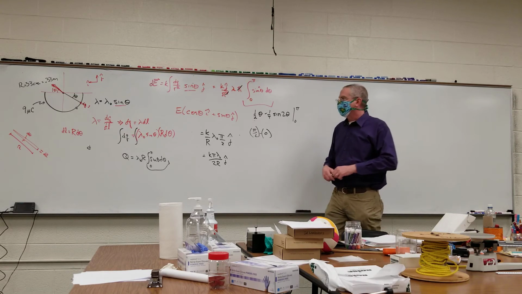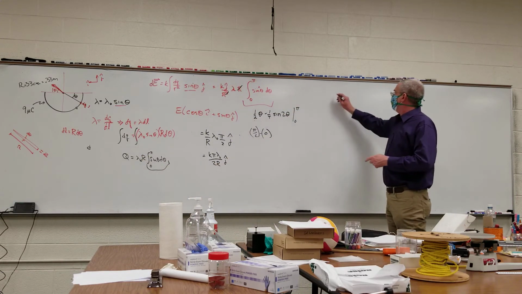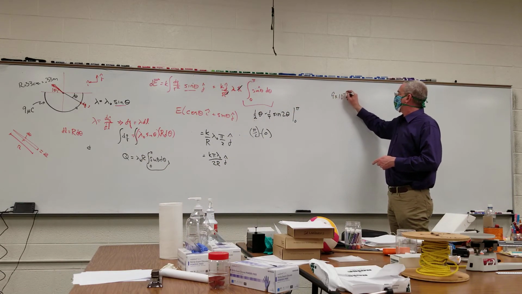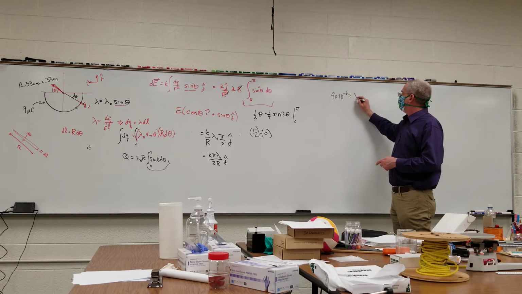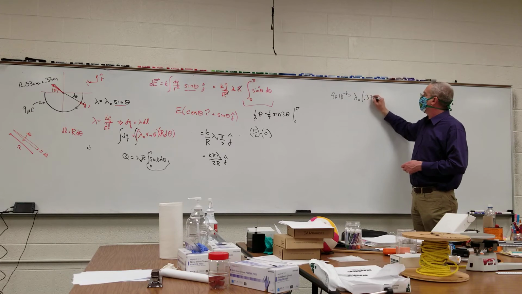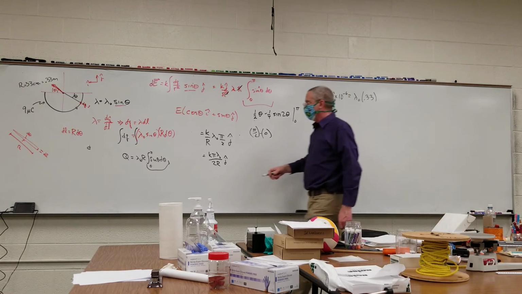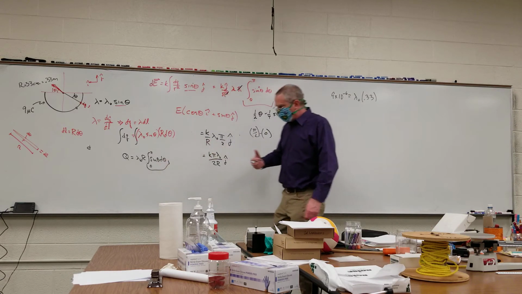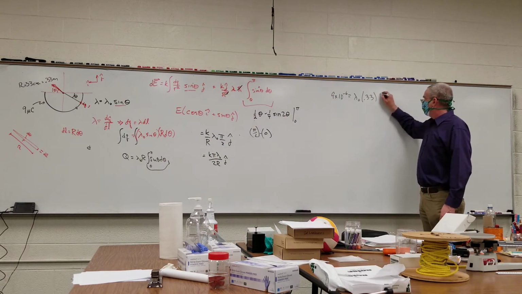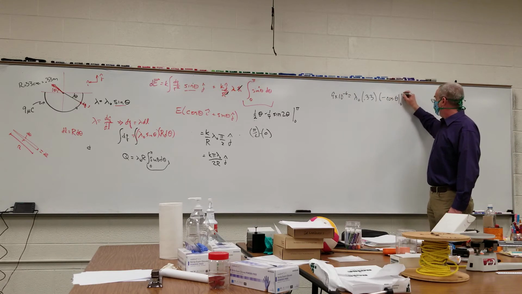Yes, please. Okay. So my charge here is given as 9 times 10 to the negative 6, which is equal to my lambda sub naught, which I'm trying to find, times r, which is 0.33 meters, times this integral here, the integral of sine, negative cosine, from 0 to pi.